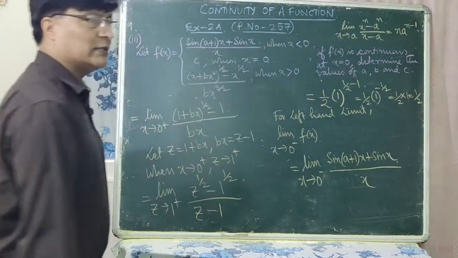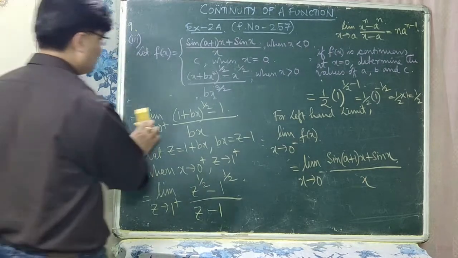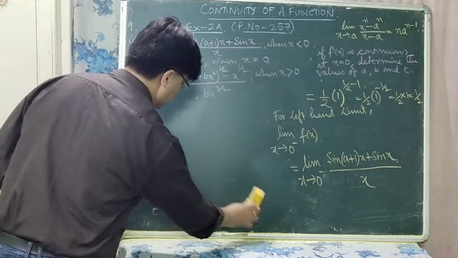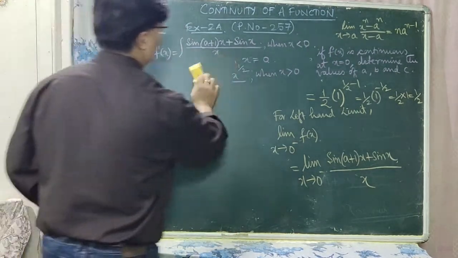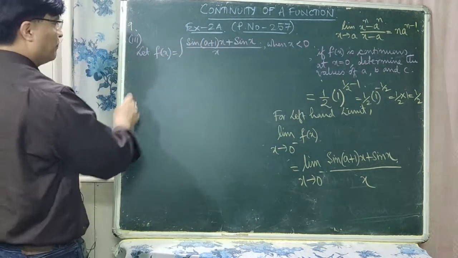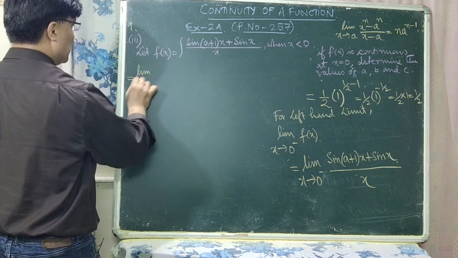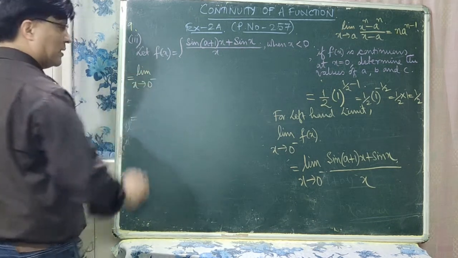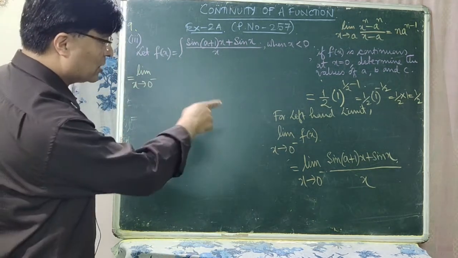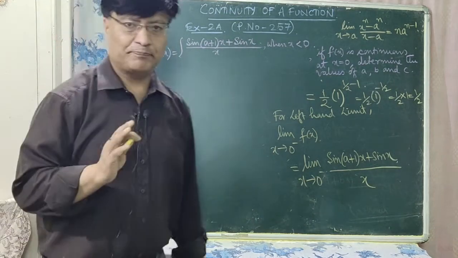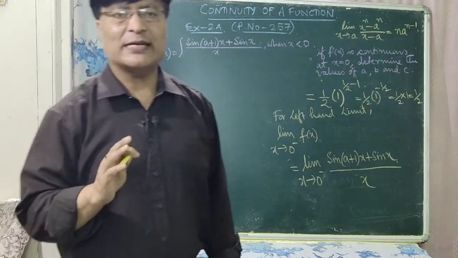So let us evaluate this limit now. So which is equal to limit x tends to 0 minus, right? So now this is the formula sine c plus sine d. You know the formula of sine c plus sine d from trigonometry.